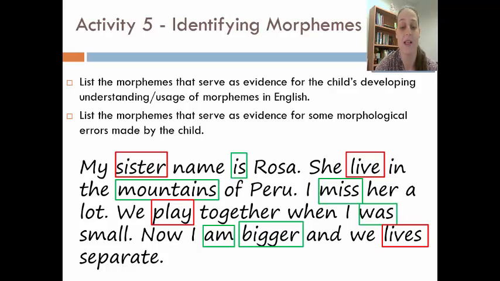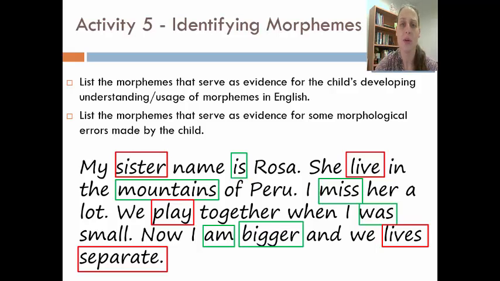What would be correct is we live, and she added that on unnecessarily. The last one is separate. So here we see a derivational suffix that was neglected to be added to change the adjective separate into the adverb separately, and this is required to be an adverb because it's describing the verb live.